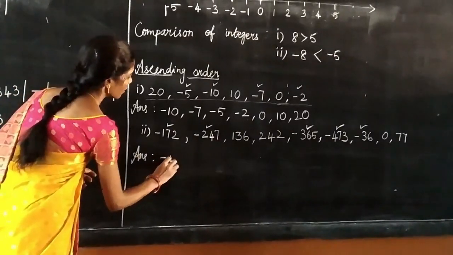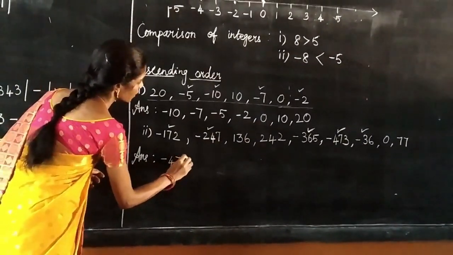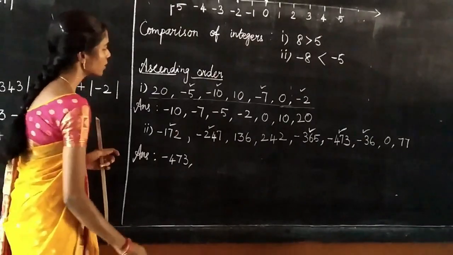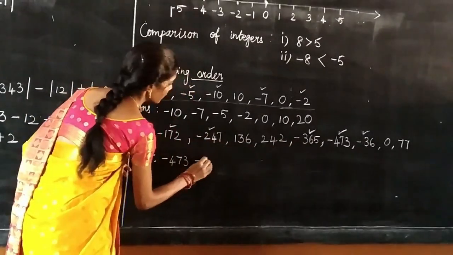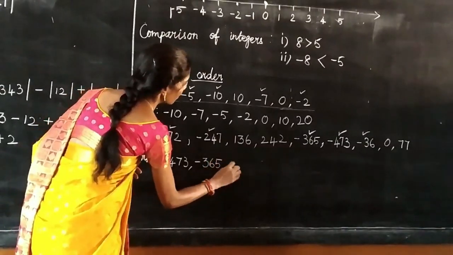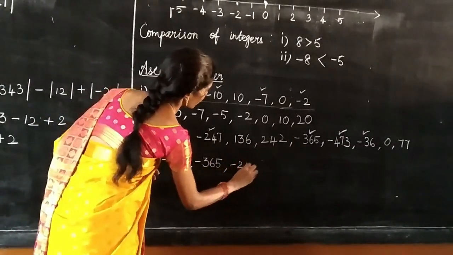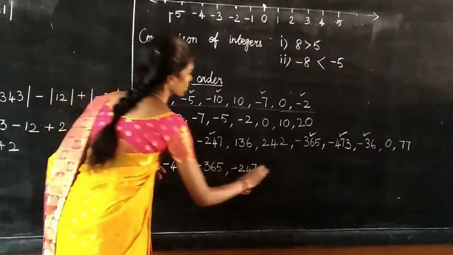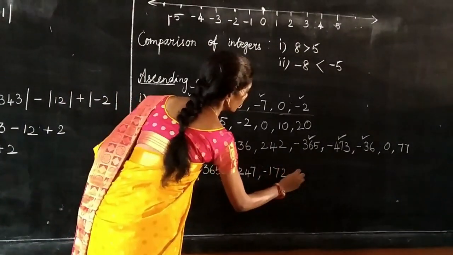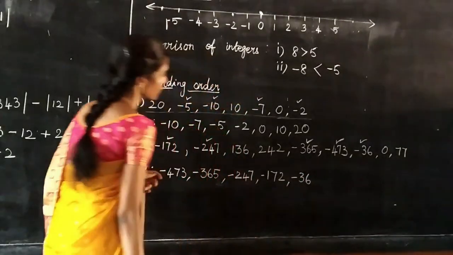So minus 473, and the next one is minus 365, then minus 247, then minus 172, then minus 36.